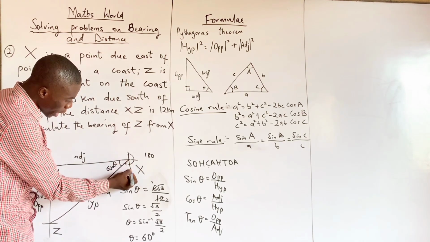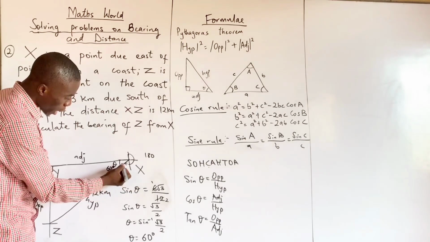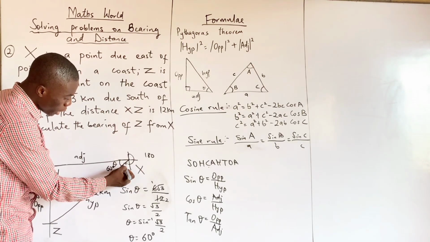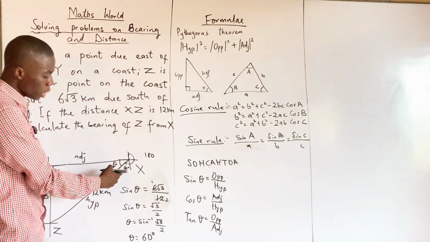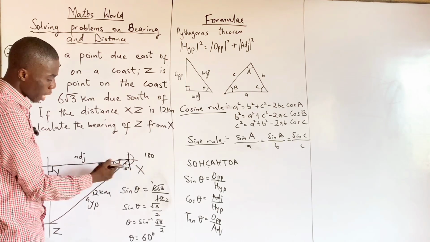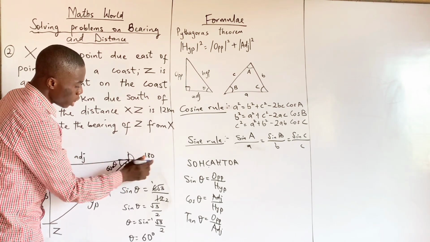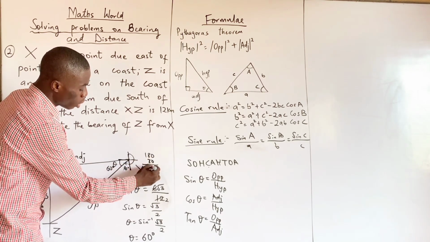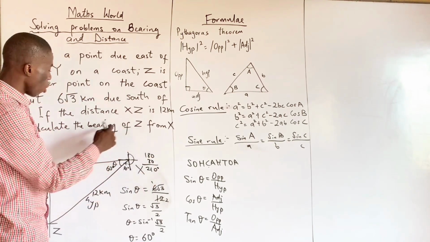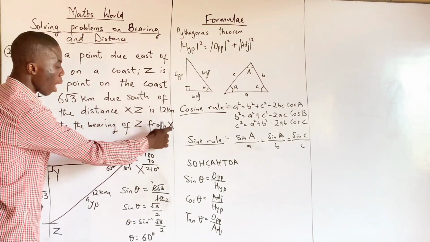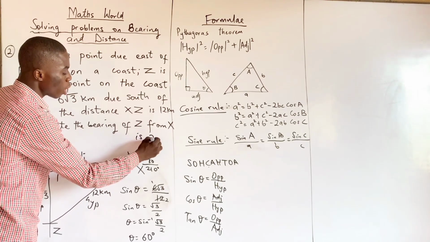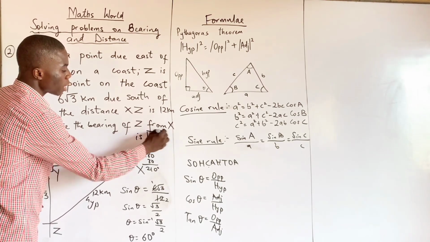Remember, from here to here is 90. So if this place is 60, this place will be 30, because 60 plus 30 is 90. Now 30 plus 180, what will it give us? It will give us 210, which means the bearing of z from y is 210 degrees.